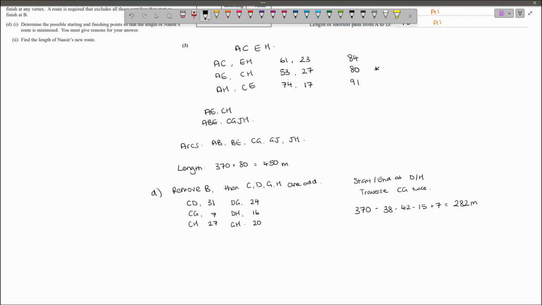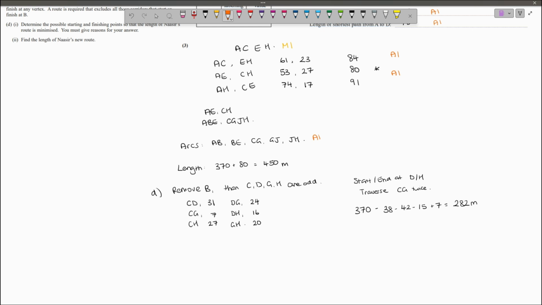So looking at the marks for this second part of the question, I'm going to get a method mark for trying to pair up vertices that have an odd degree. I'm going to get an accuracy mark for doing one of these correct, another accuracy mark for doing the second one correct, and the third one correct, and choosing the best solution, and one final accuracy mark for giving the arcs.